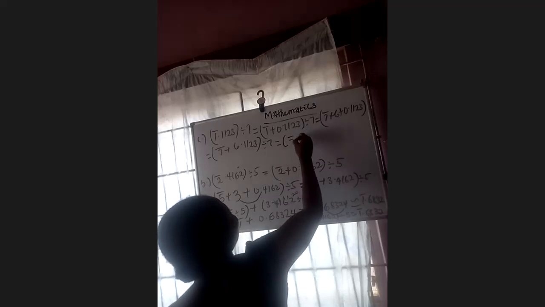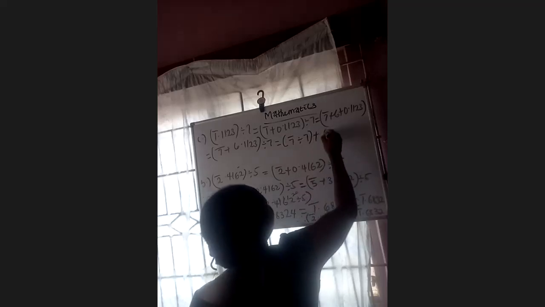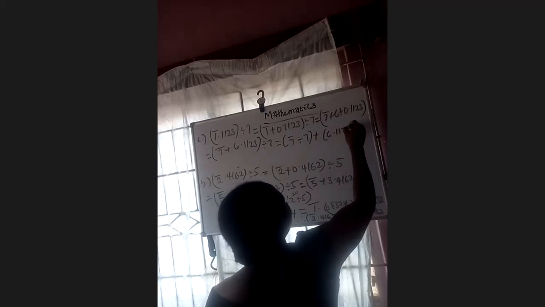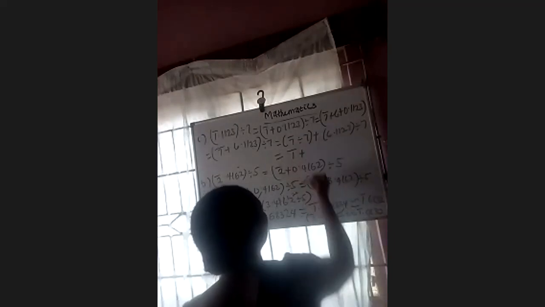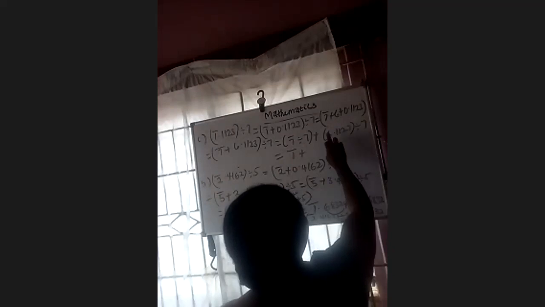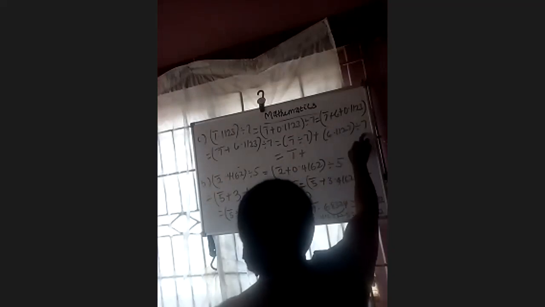Which is the same thing as bar 7 divided by 7 plus 6.1123 divided by 7. When we divide this, bar 7 divided by 7 is bar 1 plus, dividing this by 7, 7 in 6 is not possible. So that's 0.